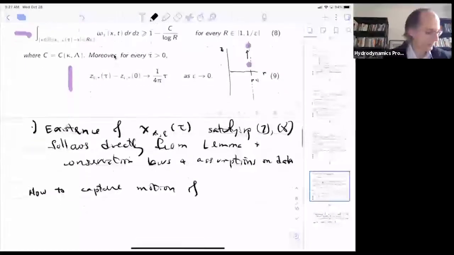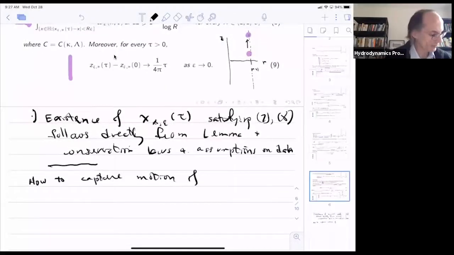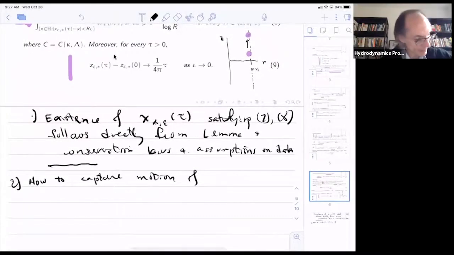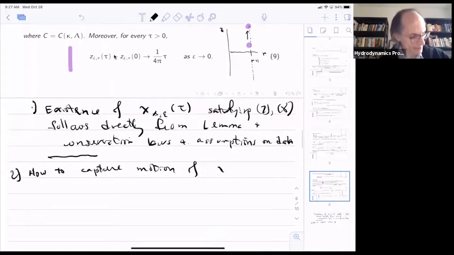And so we just have to ask how to capture the motion of x star epsilon of tau.